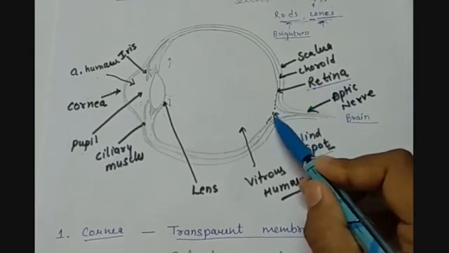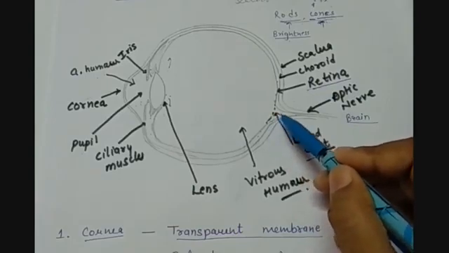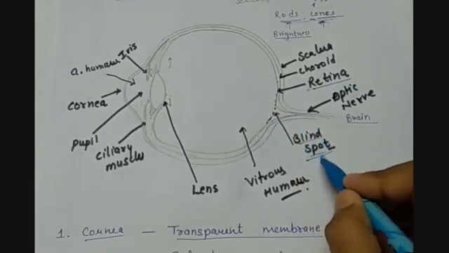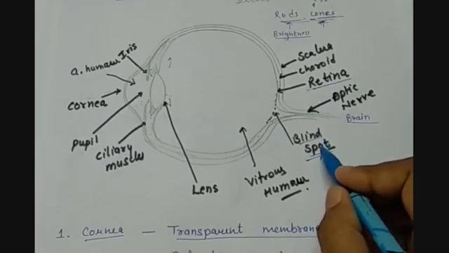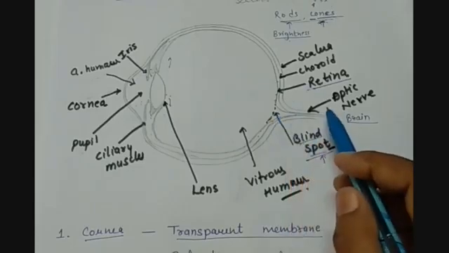Then there is a place here on the retina where no rods and cone cells are present. So this place is called the blind spot because here no image formation takes place.